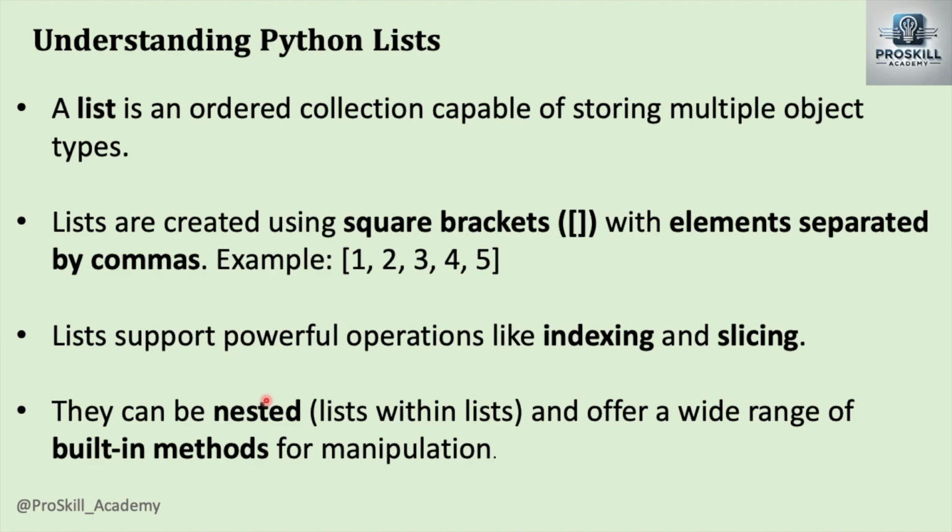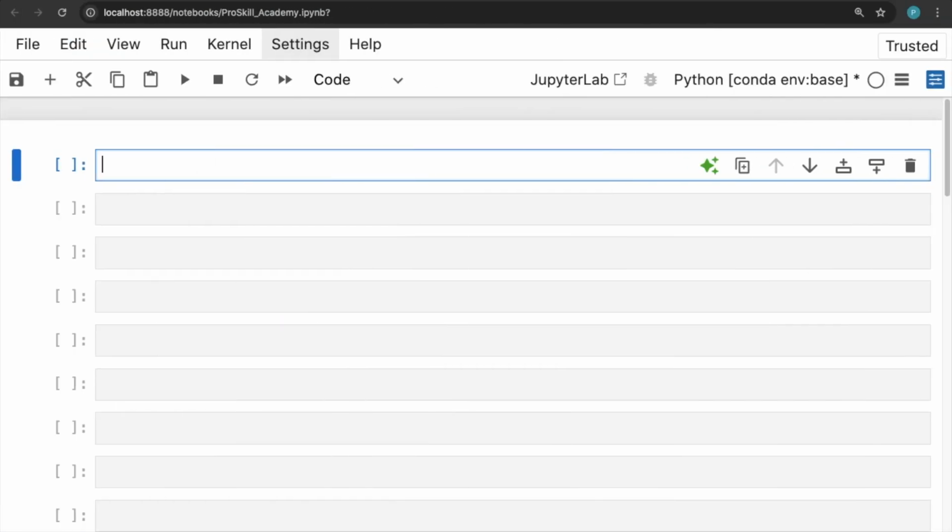Additionally, lists come with a set of built-in methods, little tools you can call to do common tasks like adding or removing items, sorting the list, counting how many times an item appears, and more. You don't need to memorize this right away, but just know that Python gives you many tools to work with lists easily. Let us now jump to the Jupyter notebook and see whatever we have discussed till now practically.